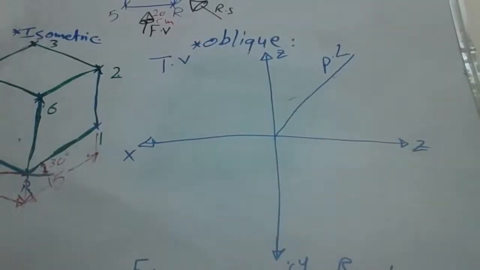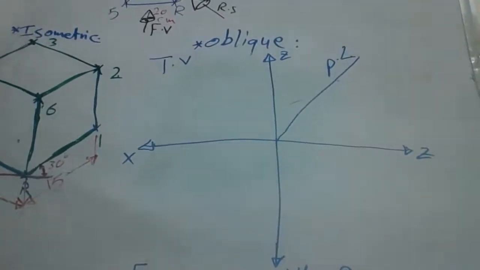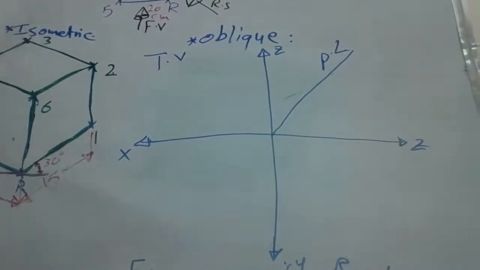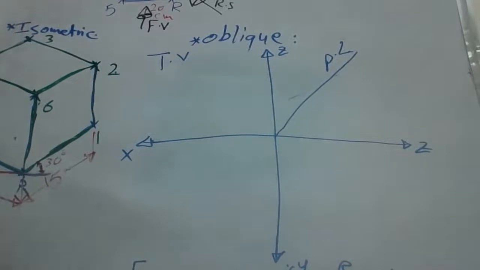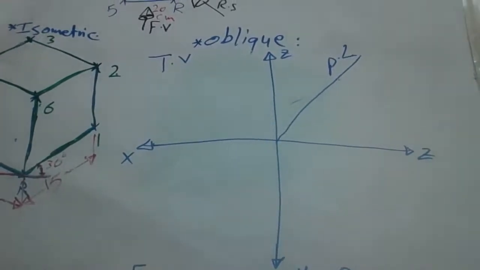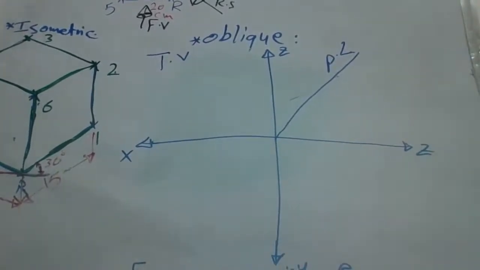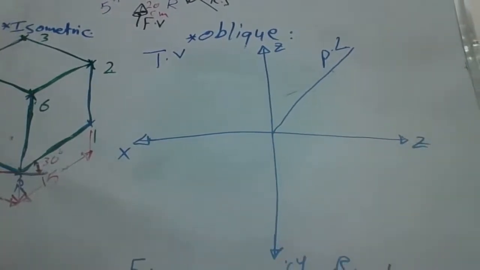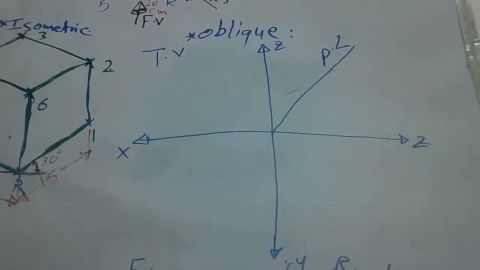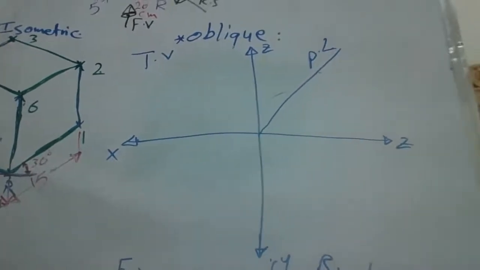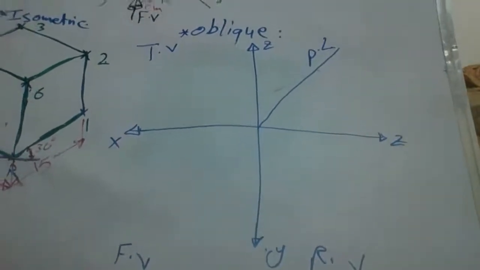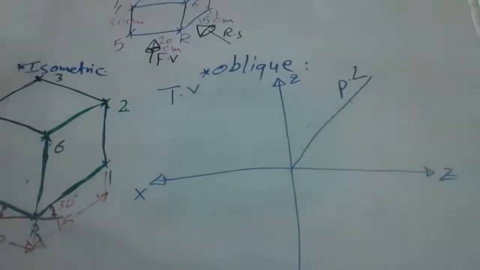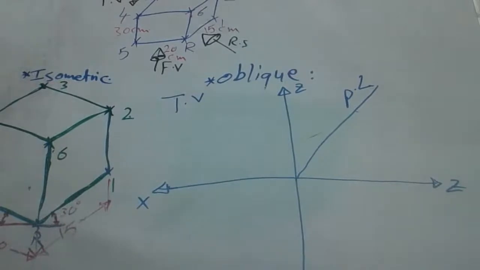Now the standard method for drawing the projections of shapes can be drawn as what we introduced. Let me fix the whiteboard clearly here.